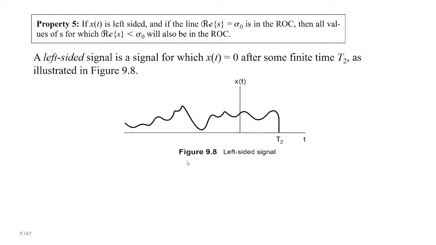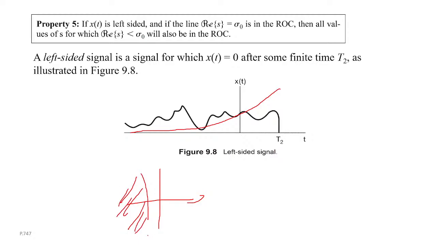So this is like our second example, right? In our second example, with a function of decay in the negative exponential, our ROC goes to the left, everything with sigma less than minus a.